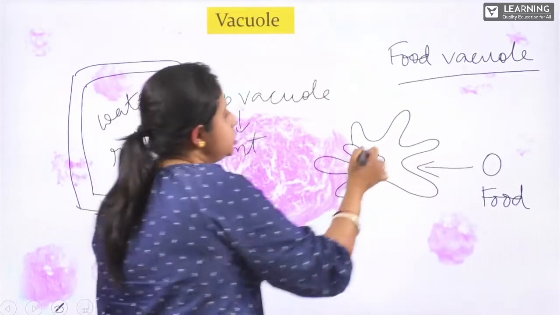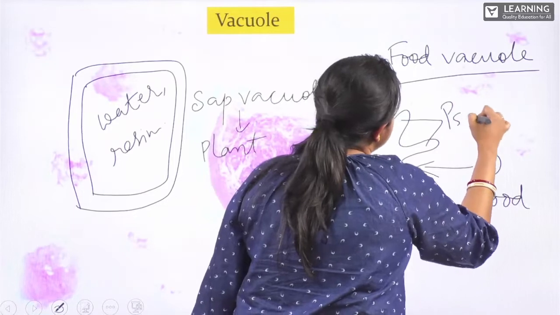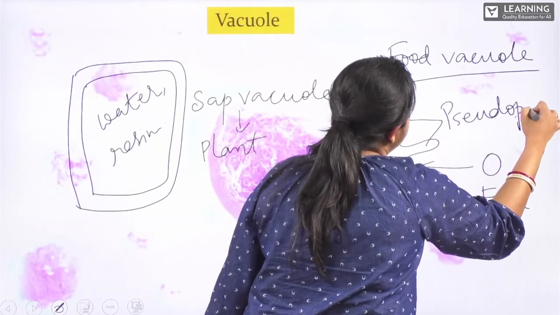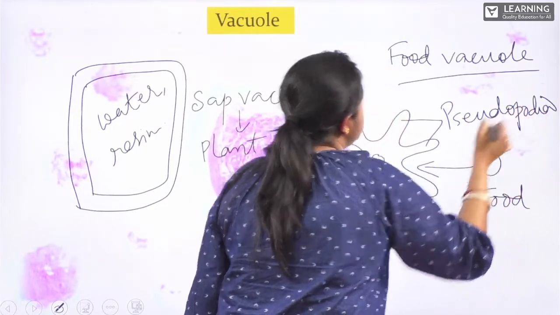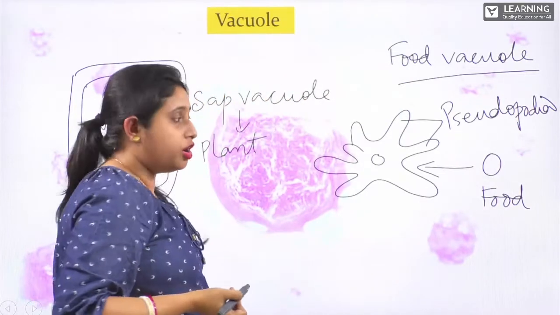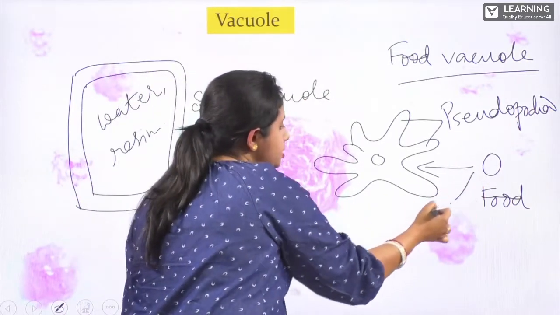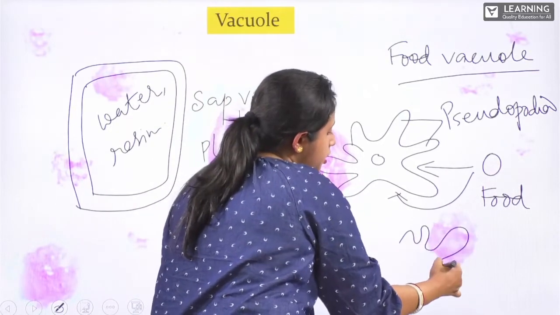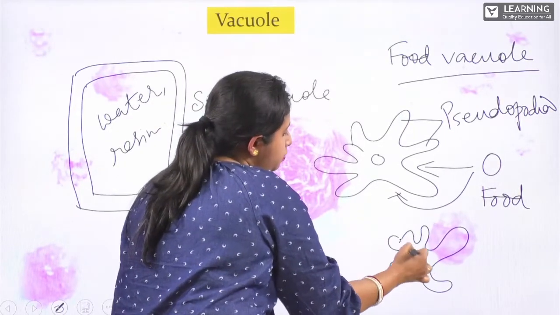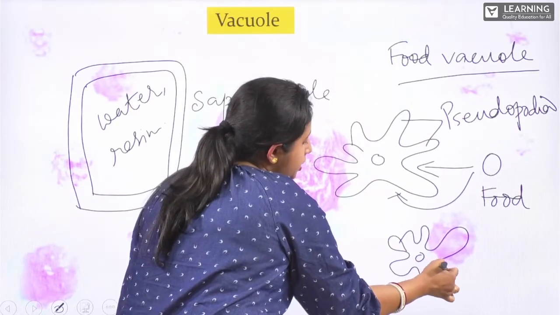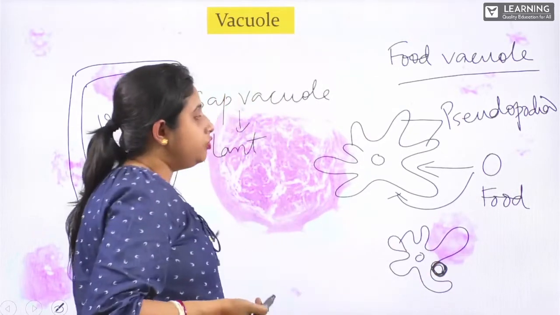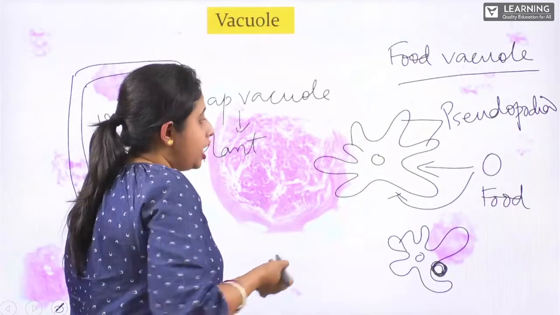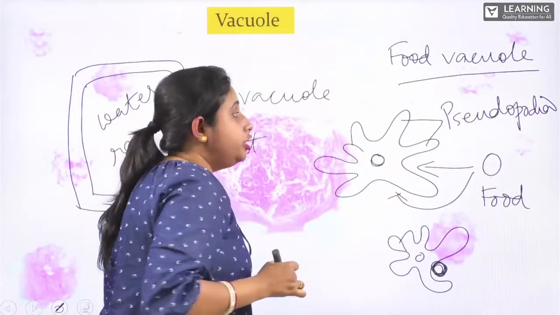These are pseudopodia, and with the help of pseudopodia they capture the food. The amoeba will capture the food material inside it with the help of the food vacuole.